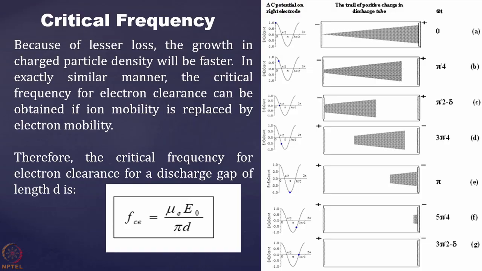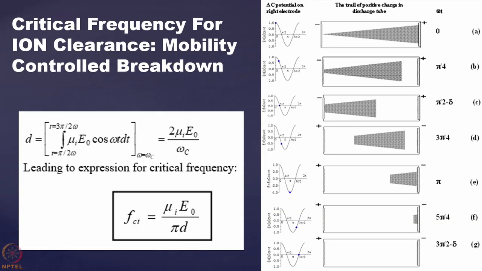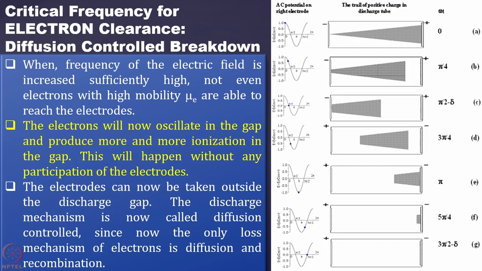So the critical frequency f_CE for the electrons is mu_e E0 by pi d. This is the same as the expression we obtained for the ions, only we have now replaced the mobility of the ions by the mobility of the electrons. That gives you the critical frequency for electron clearance.